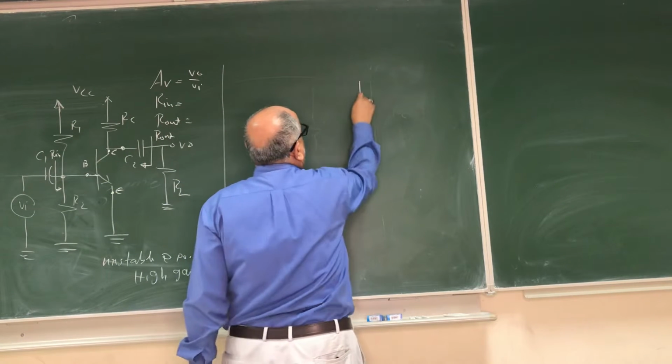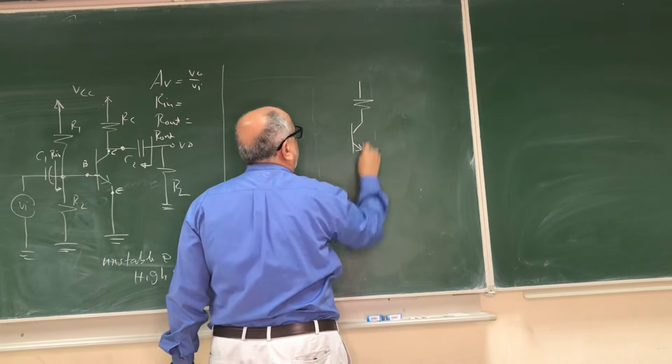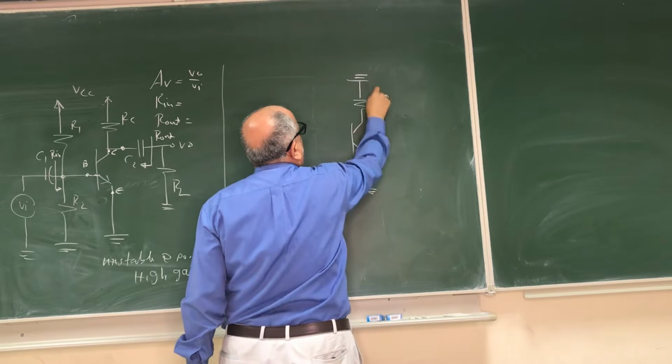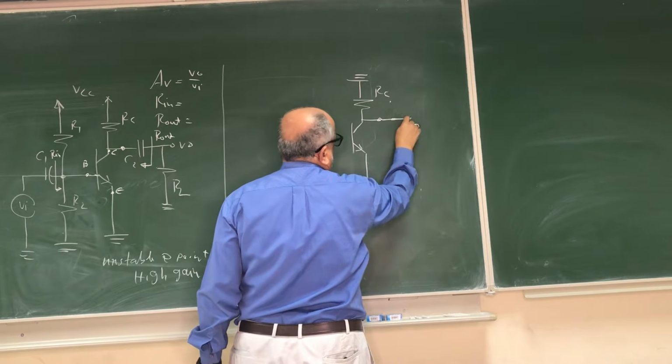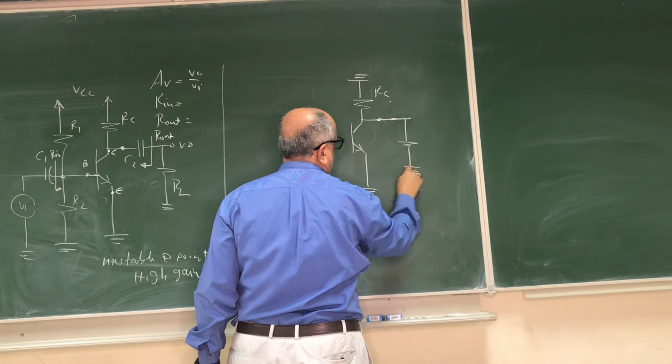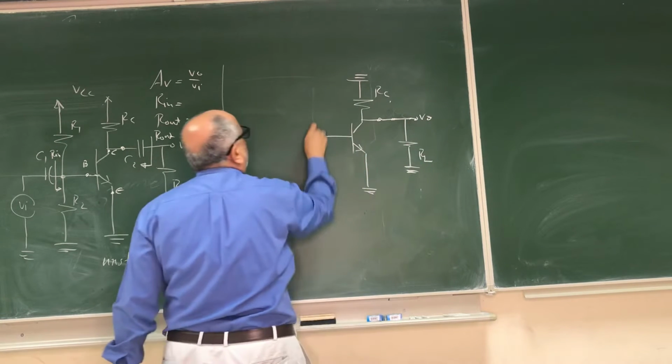So our circuit will be like this. So we have DC is shorted out, this is RC, this capacitor is shorted out also, so it will act as open circuit, that is RL, this is V out.